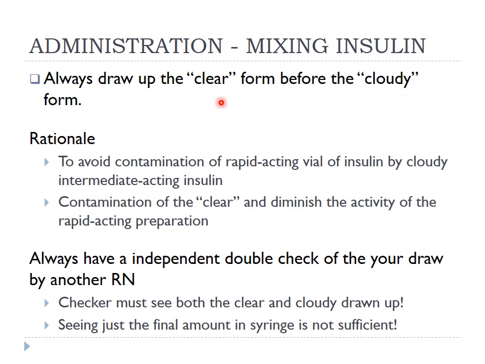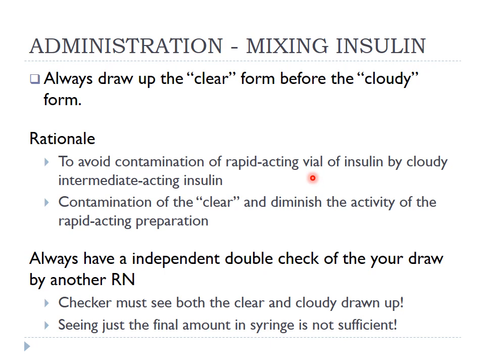The rationale of why you draw up the clear before the cloudy is to avoid contamination of your rapid insulin with your cloudy. In the pre-mixed insulins, they are already set, and they've made a little chemical jig in there so that they do not interact with each other.